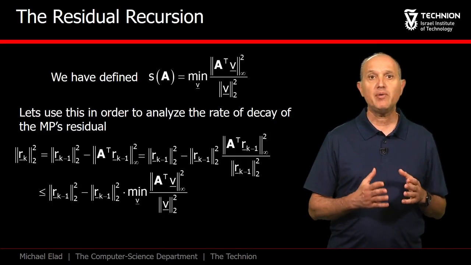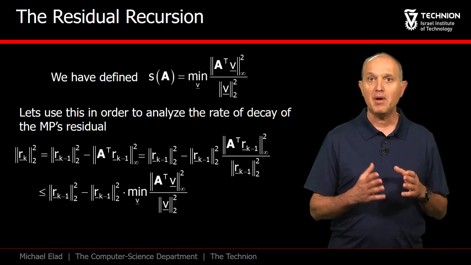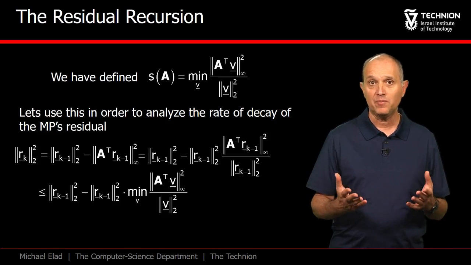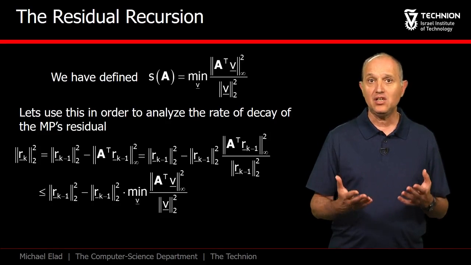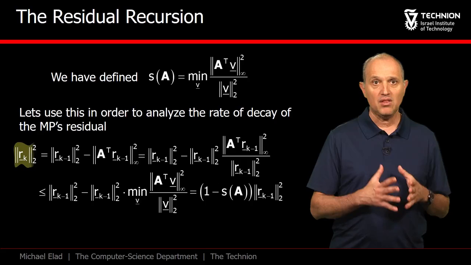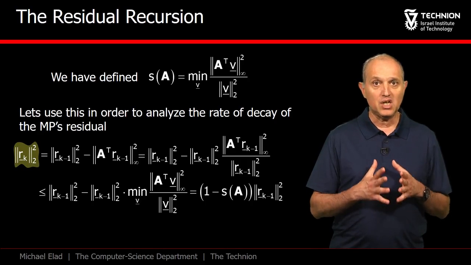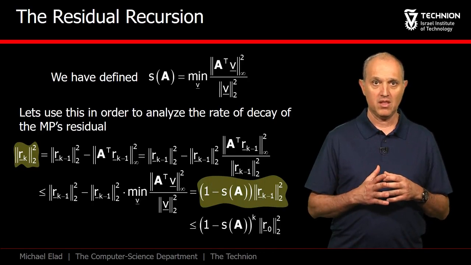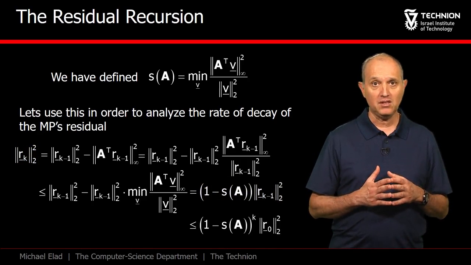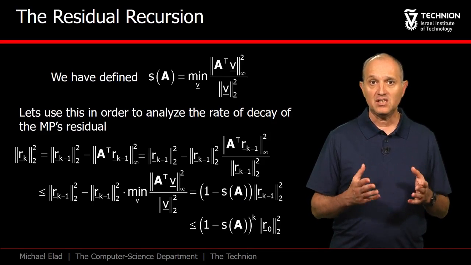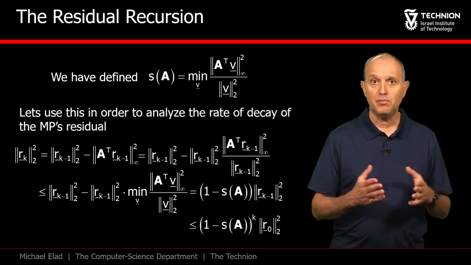Our next step is to replace the rightmost ratio by S of A, a fact that will necessarily increase the overall value of this expression, thus leading to an upper bound. The implication is that at each iteration, the residual norm squared is decreased by at least a factor of 1 minus S of A. Thus, if k iterations are applied, we get this exponential decay of the residual, and S of A dictates how fast this descent will be.